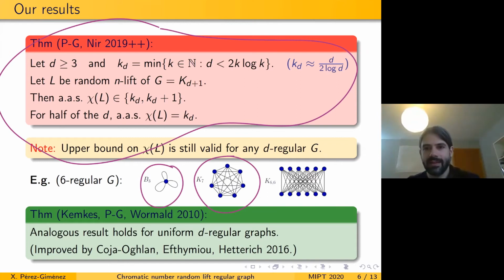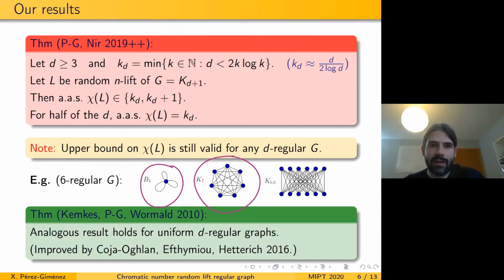So you need them to be very regular in some sense. But I'm sure that there's a larger class of D-regular graphs for which this is valid, not just the upper bound, but the lower bound. So that's one thing.